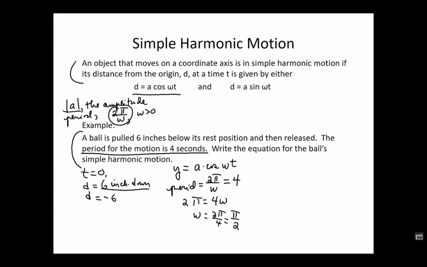So if we substitute these values into the equation, d is equal to a times the cosine of omega t. What do we have here? The equation for the ball's simple harmonic motion is given by a is negative 6, cosine, omega is pi over 2, times t.